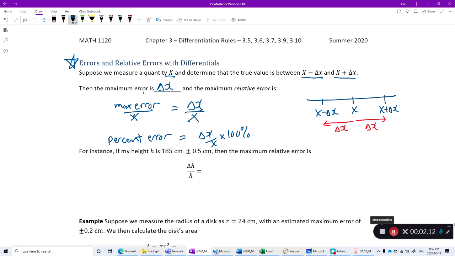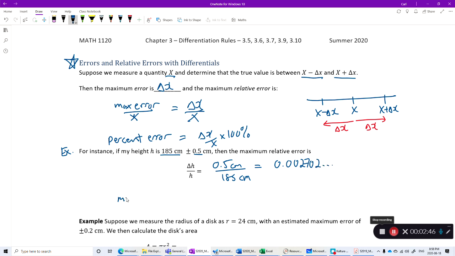Okay, now, let's do an example. For example, if my height h is 185 plus or minus a half centimeter, then the maximum relative error is delta h over h, which is 0.5 centimeters divided by 185 centimeters, which is 0.02702, something.